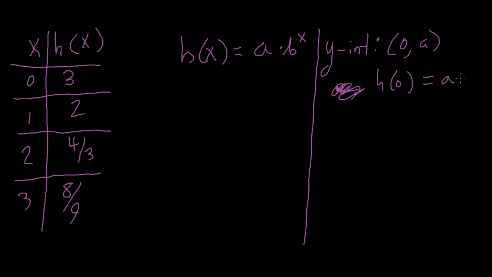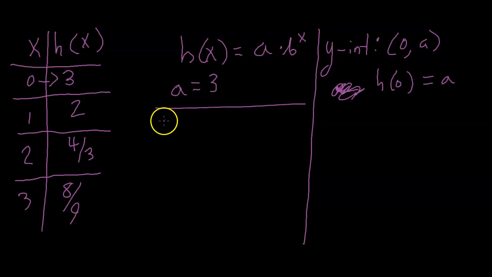In any case, if you have an exponential function, the value of the function is always going to be a when x equals 0. And in this case, what is the value of h of x when x equals 0? It is positive 3. So we know already that a equals positive 3.